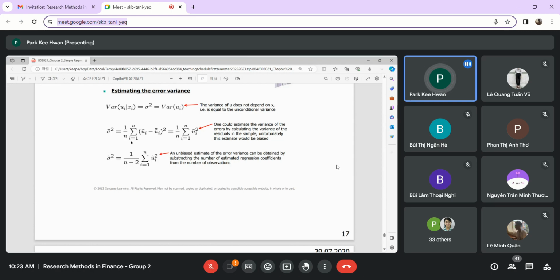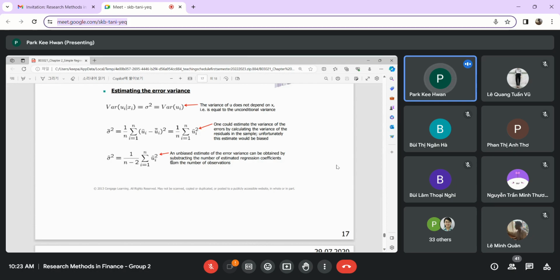You have to multiply by 1 over n minus 2. You don't use 1 over n. Why is that? Because when you use 1 over n minus 2, there will be an unbiased estimate. When you use 1 over n, there will be bias.